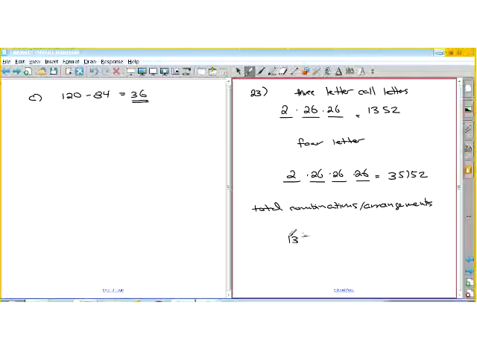It's just the sum of the two. So you take 1,352, and you add 35,152, and you get 36,504 possible radio stations.